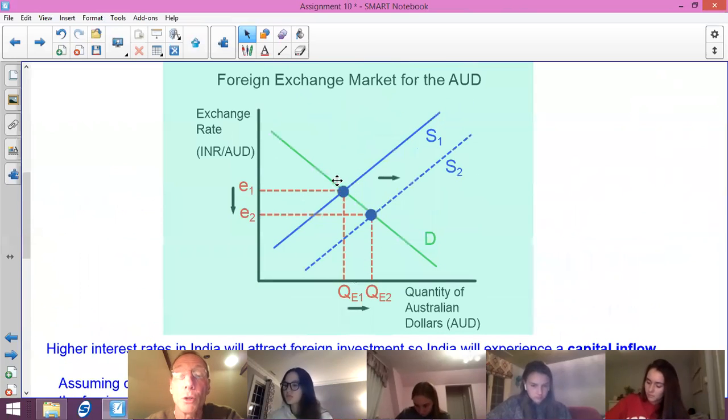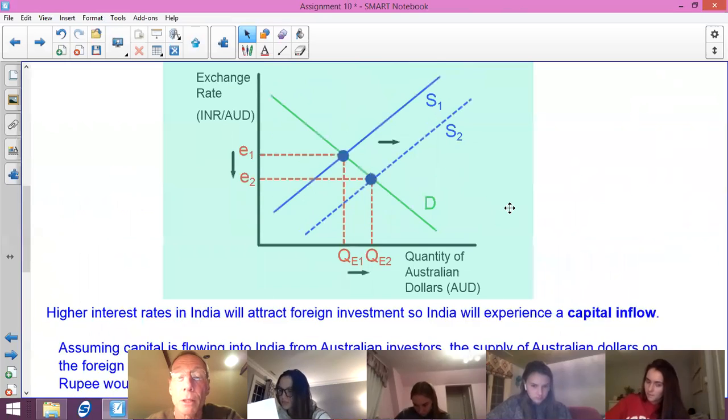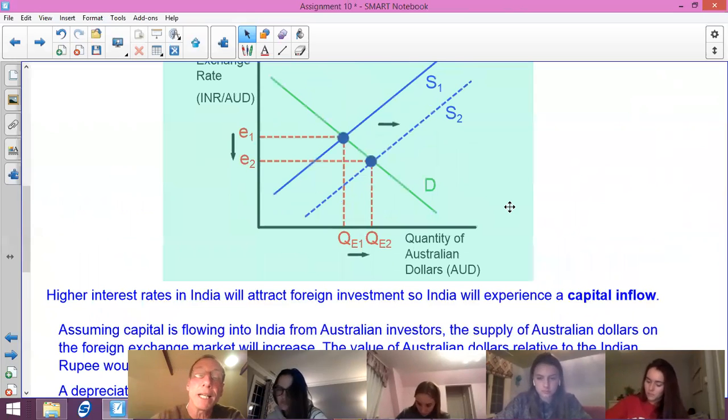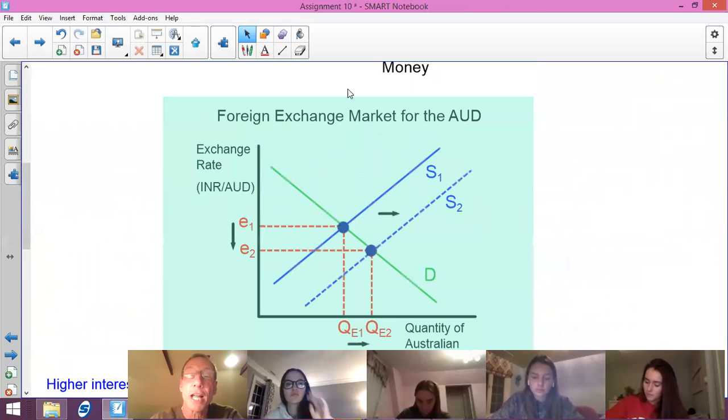It's going to increase because of the capital inflow from Australia into India. In order for it to get into India, it's got to go on the foreign exchange first, right? That's where it has to go first. And then from there, the dollars are exchanged for rupees, and from there it flows into India.